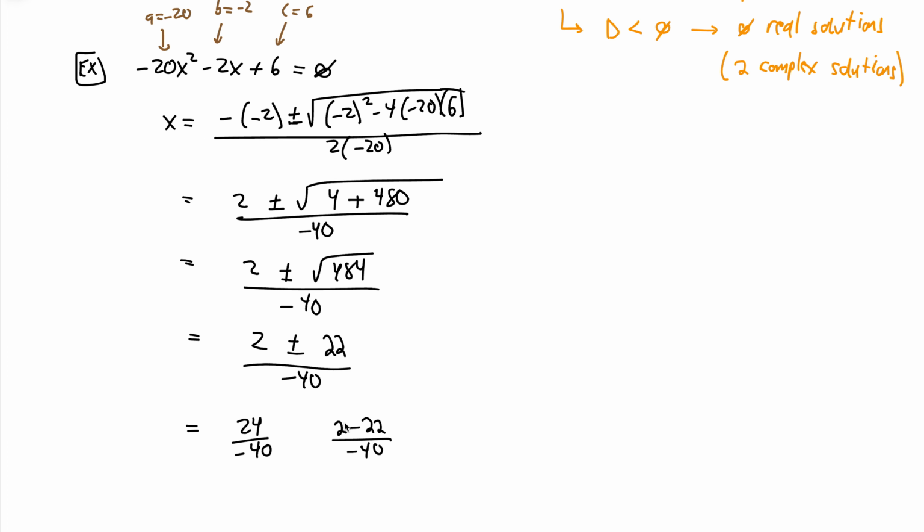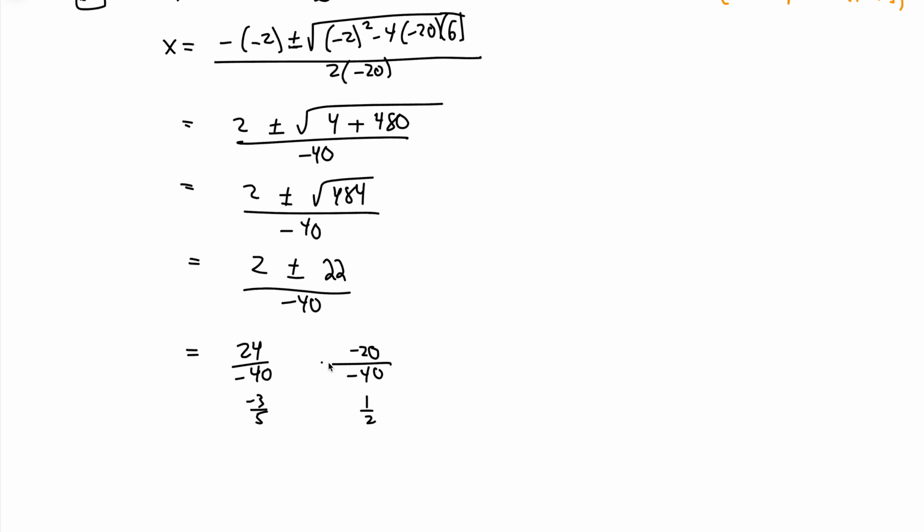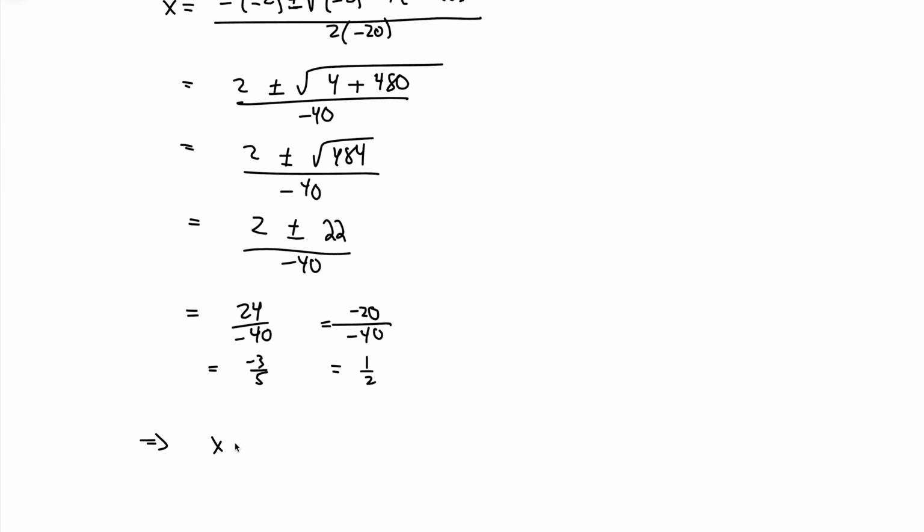So this is negative 3/5 on this one, or this is going to be a half. So therefore x could be negative 3/5 and 1/2. These are the solutions. These are the intercepts, okay?